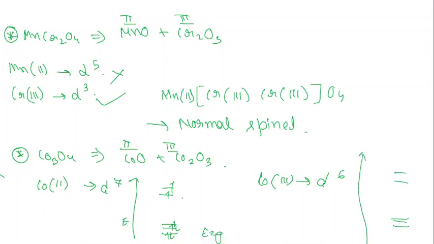t2g: 1, 2, 3, 4, 5, 6. Sorry. Now I will calculate the CFSE values differently.